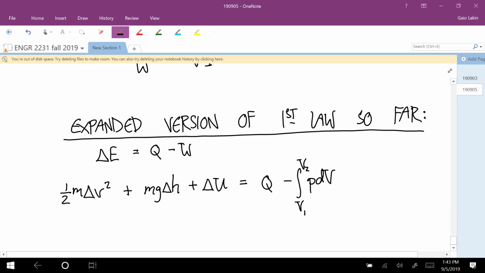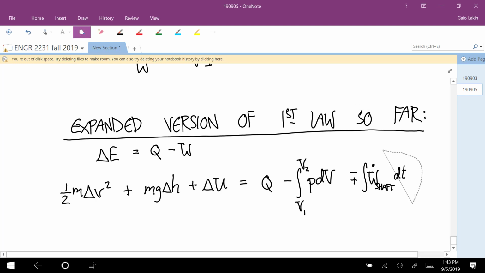And then we have minus plus the integral of, sorry, not Q, this should be W, W dot due to a rotating shaft, dt.